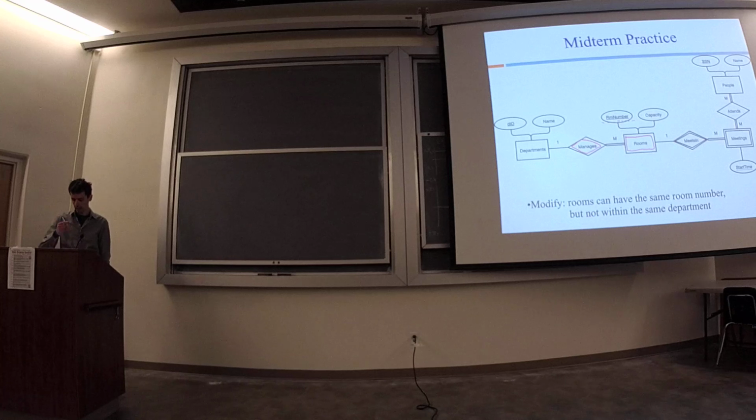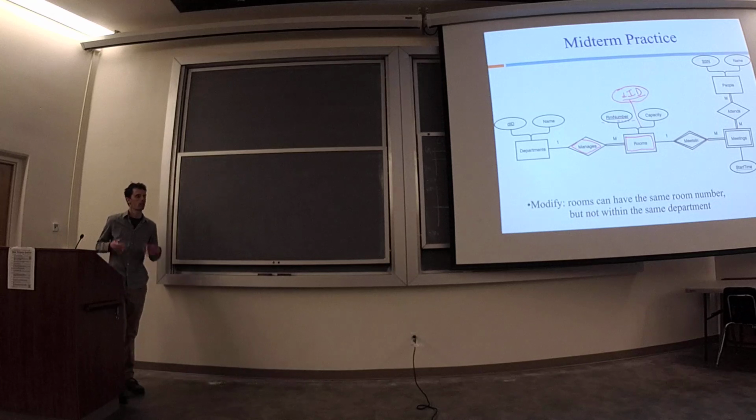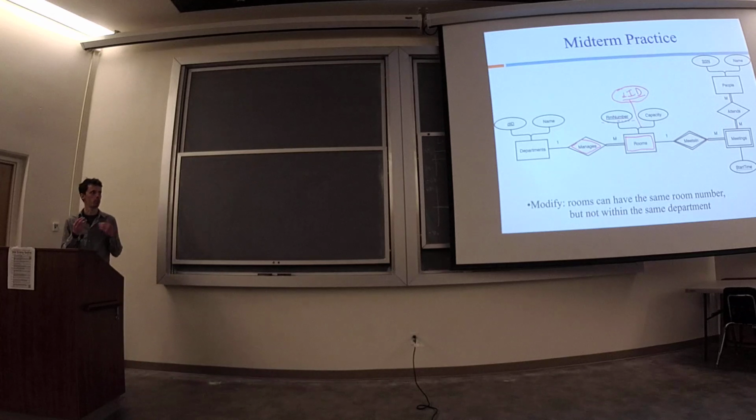I guarantee you, if I gave this question on a test, somebody would try to answer it by doing this. They would try to add a DID and combine it into the key so that room number and DID are unique.